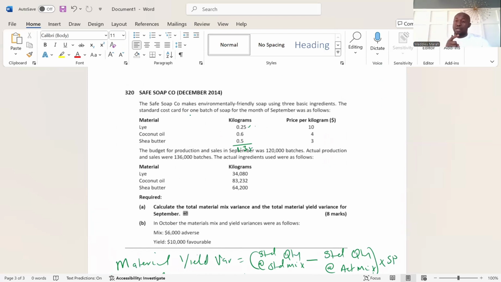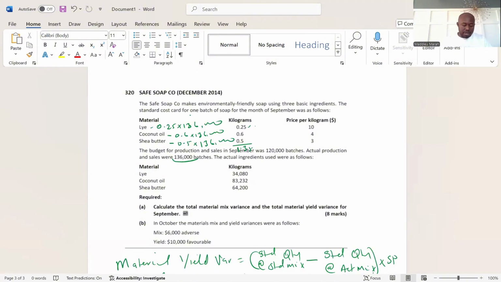My standard quantity at standard mix will always go with my actual production. So for lime, I take 0.25 times 136,000, that's the actual production. For this one, 0.6 times 136,000. And for the last one, 0.5 times 136,000. These are my standard quantity at standard mix.